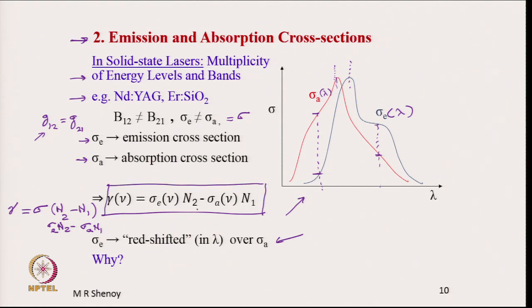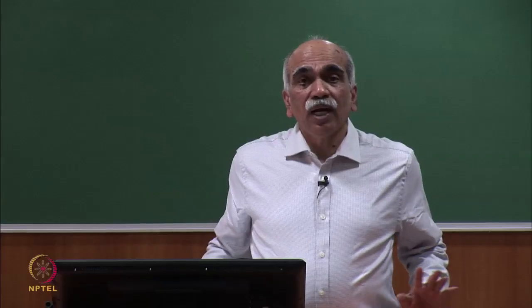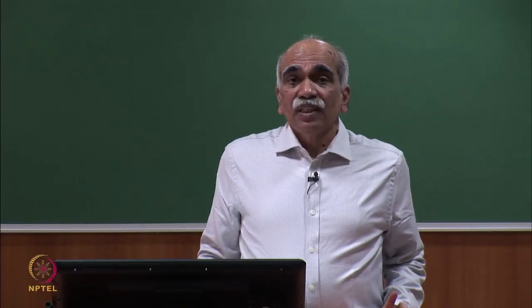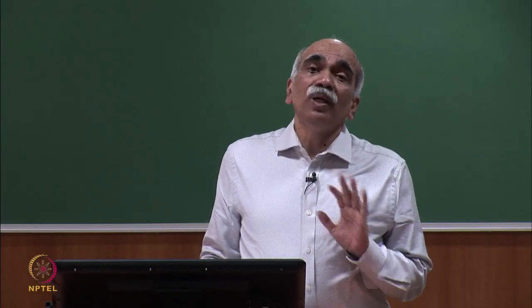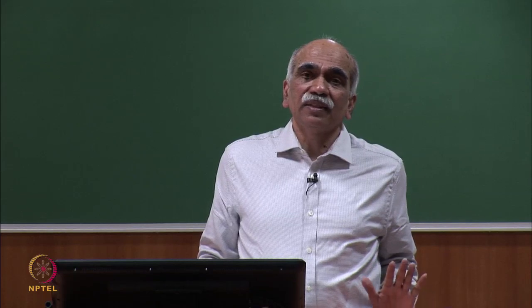So, whether this total term is positive or negative, it is not sufficient that N2 is greater than N1 to provide gain. That is the important point. If sigma E is equal to sigma A is equal to sigma, then we had written that N2 should be greater than N1, population inversion is the necessary condition.